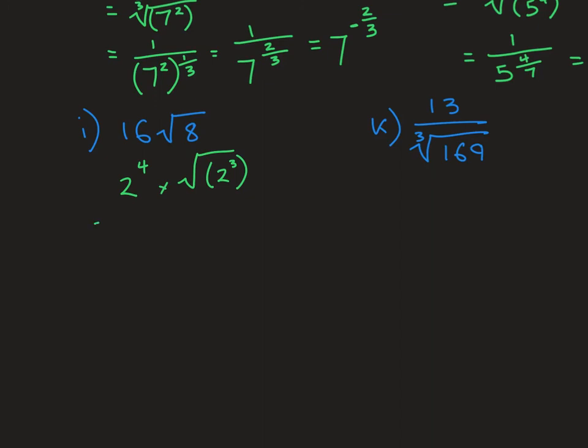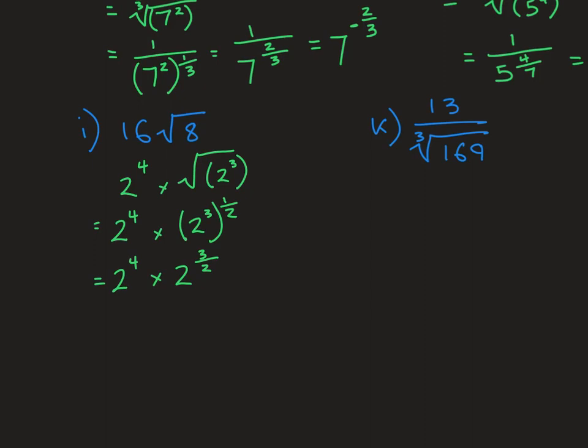Okay, so that's going to be equal to, we'll say 2 to the power of 4 times 2 to the power of 3, to the power of a half. So that's getting rid of our square root sign. Okay, which is going to equal 2 to the power of 4 multiplied by, if we expand these brackets now, we're going to have 2 to the power of 3 on 2.